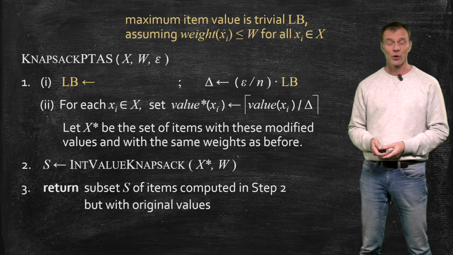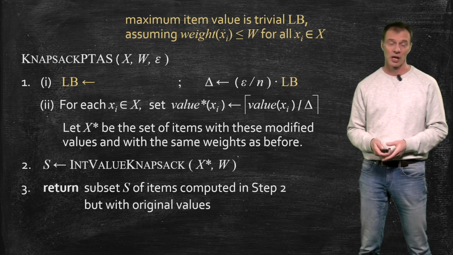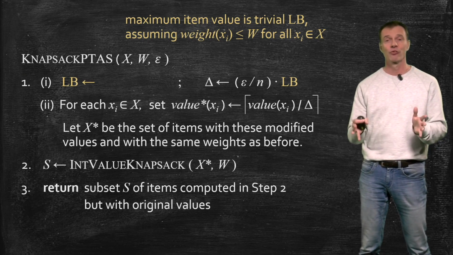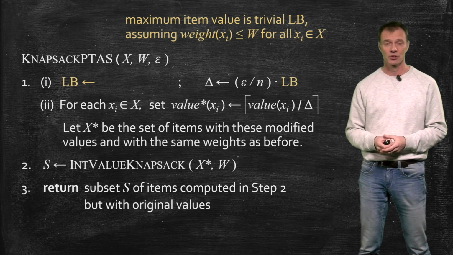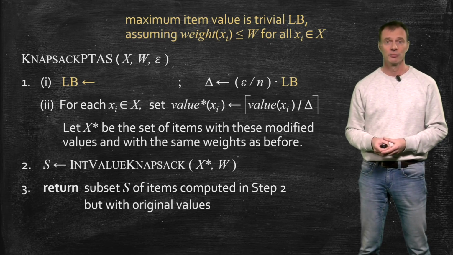Now the only question is, which lower bound can we use? Here we're going to have a very simple lower bound. If you simply take the maximum value of any of your items, then as a solution I could always just take that single item.